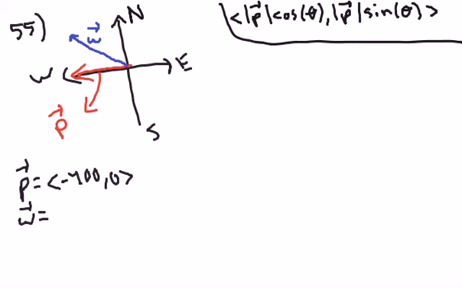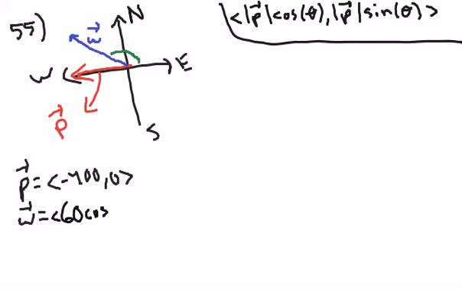The next one, the wind. The magnitude of the wind, they say, is 60 miles an hour. And if you look here, the angle for the wind is actually here, okay? So it's 45 degrees between west and north, but you have this additional 90 degrees here, okay?